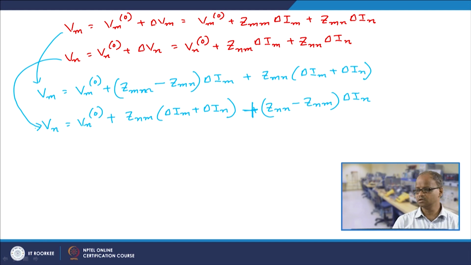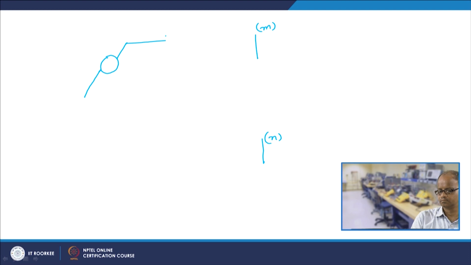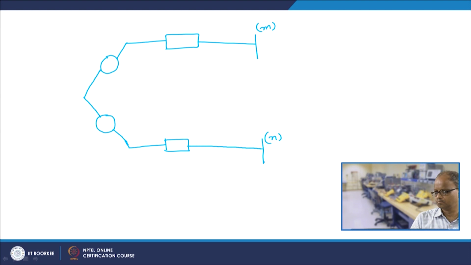So, we would now like to represent these equations in an equivalent circuit. So, this is bus m, this is bus n.